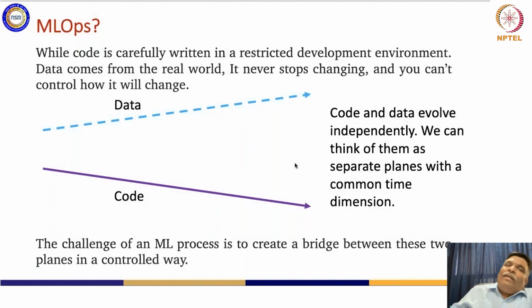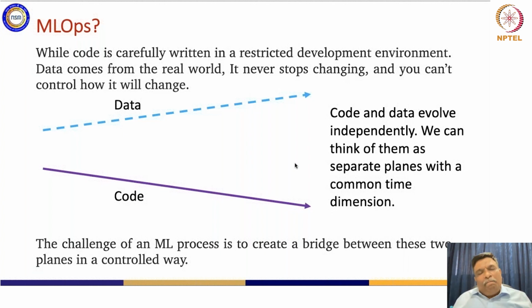You would have thought that data would be of this type, it should have these features, these characteristics, and it is from this type of modality, everything fine. But when it starts coming from the real world, it will be a changed scenario, or it will never stop changing, and you don't have control on how it's going to change.